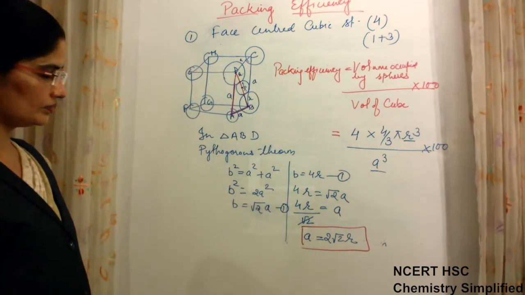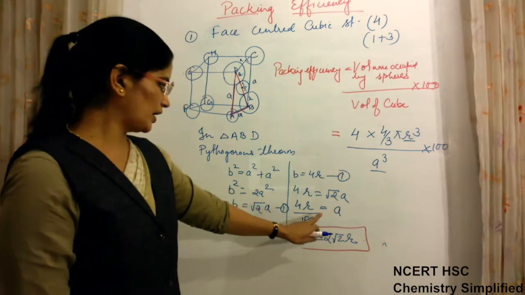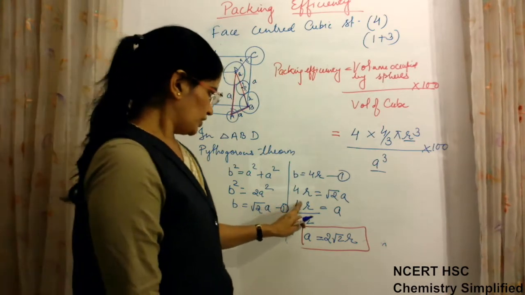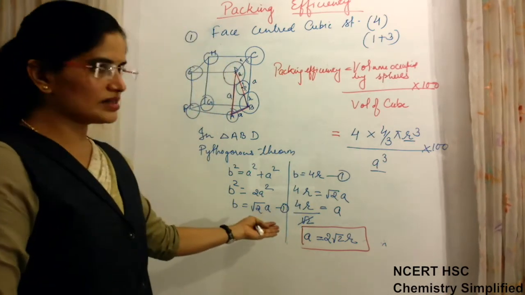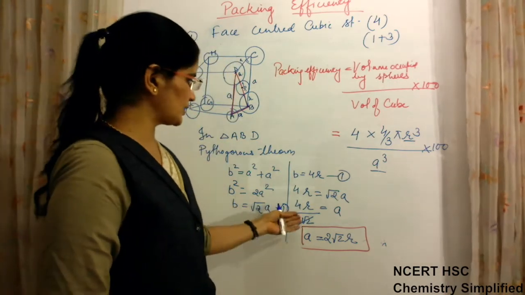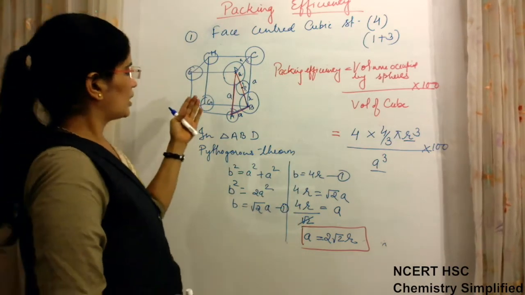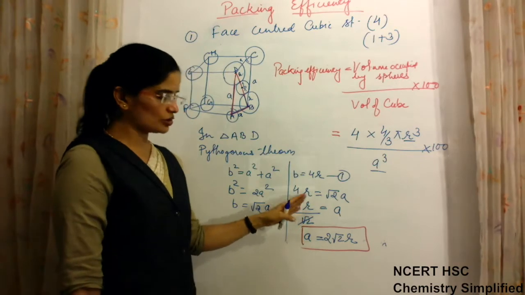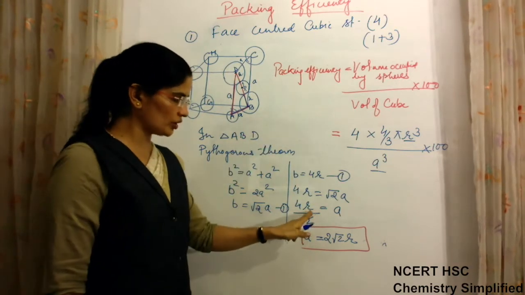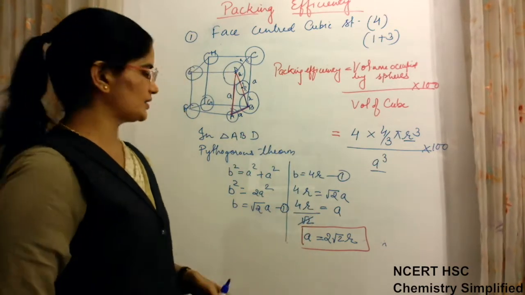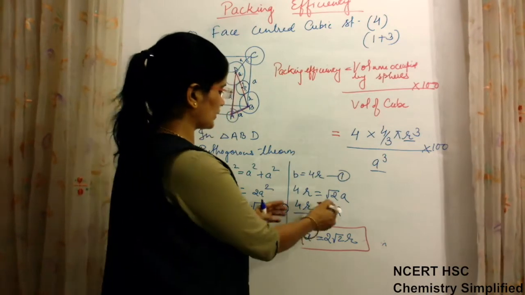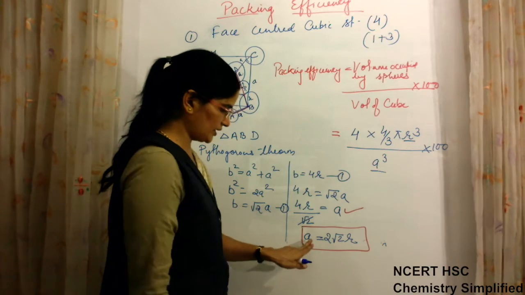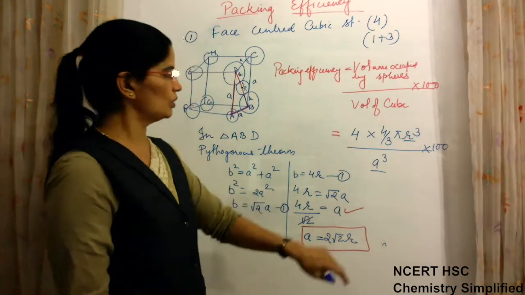So a is equal to 2 under root 2 r. Sometimes in some questions it is asked what will be the radius of a sphere in a face-centered cubic structure. So that also you can find. In this derivation we will not need r, but if you are asked for the value of r in another question, you can give it using this relationship. Right now we need a is equal to 2 under root 2 r.